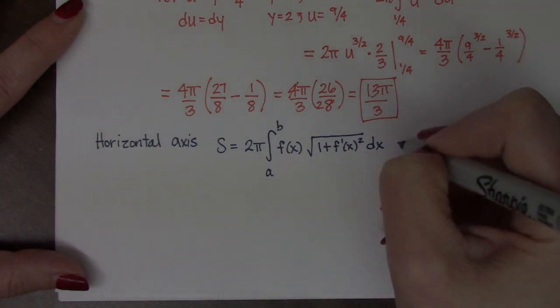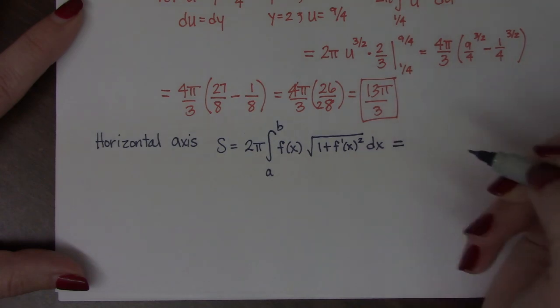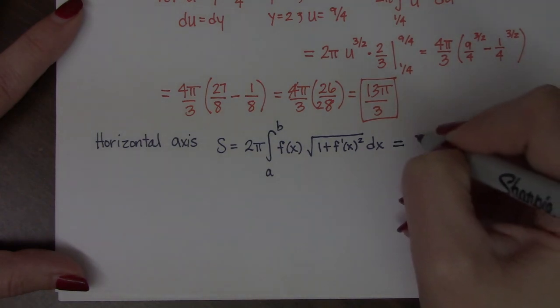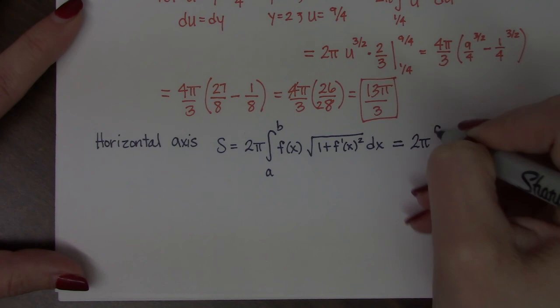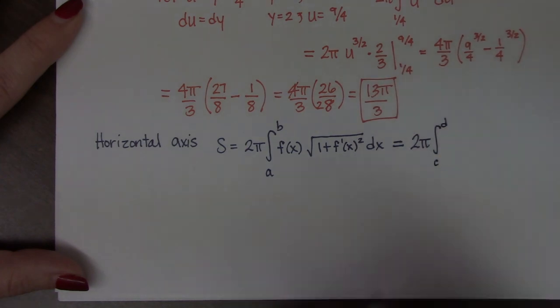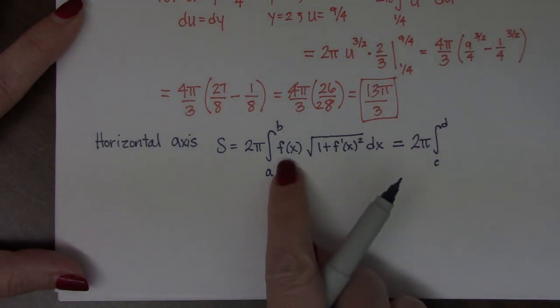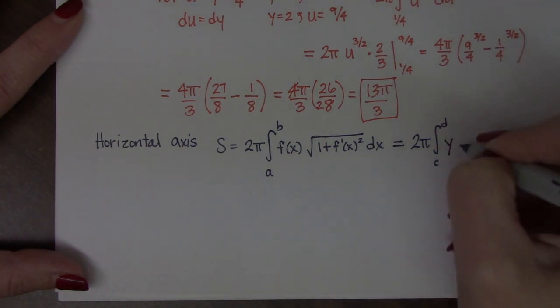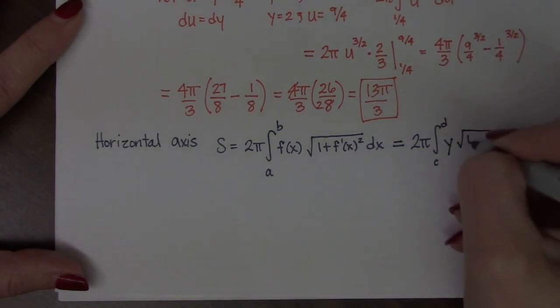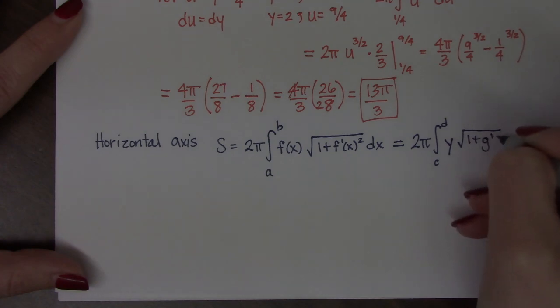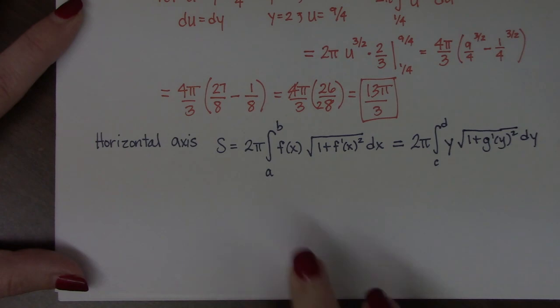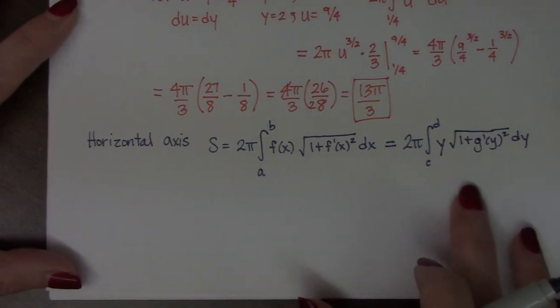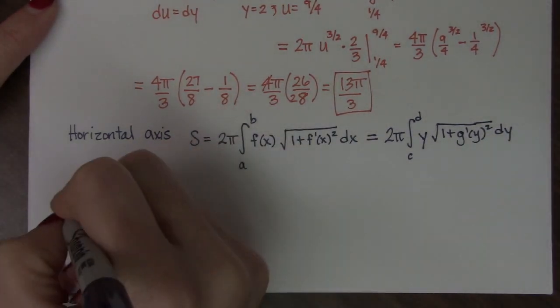However, if you're going around a horizontal axis and you want to switch to variable y, that's 2 pi, and I'm going to use c to d to denote the bounds on y, and y equals f of x. So the f of x gets replaced with y, but the line integral, we already saw, these are equivalent radicals. So you can actually do it two different ways, in variable x or variable y.